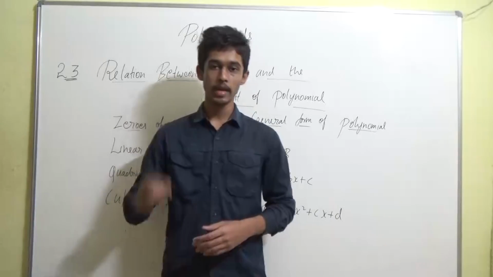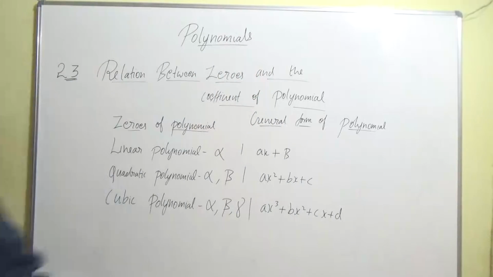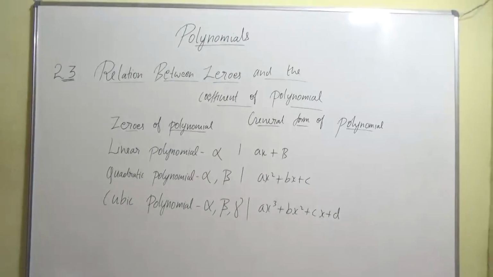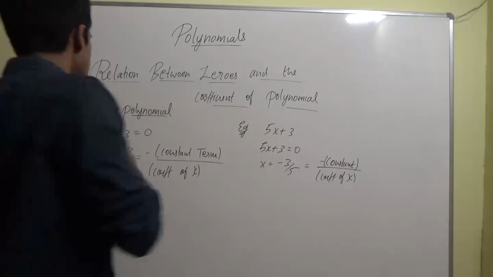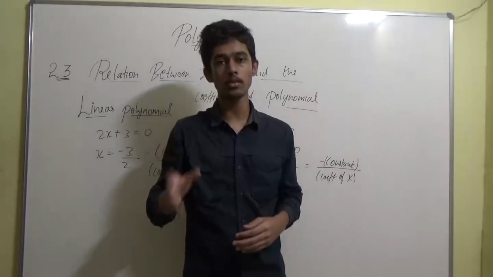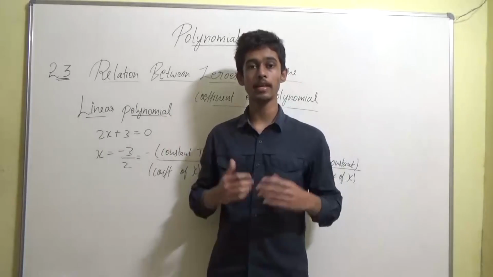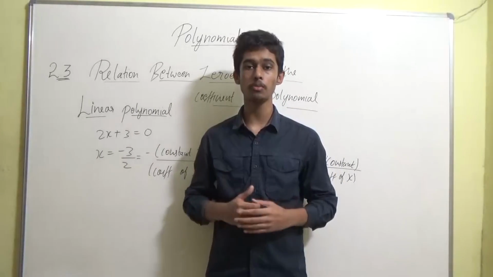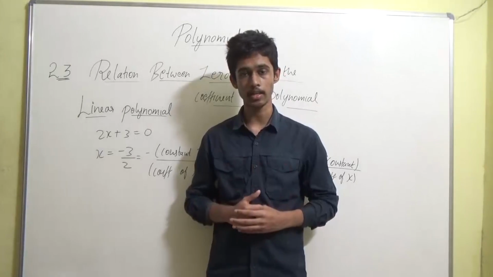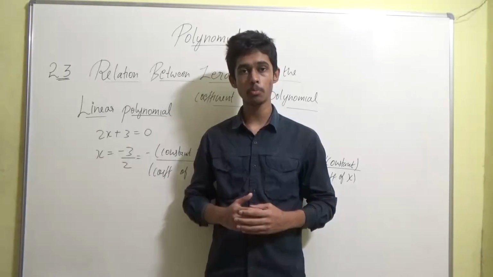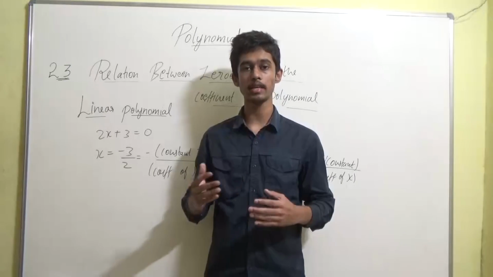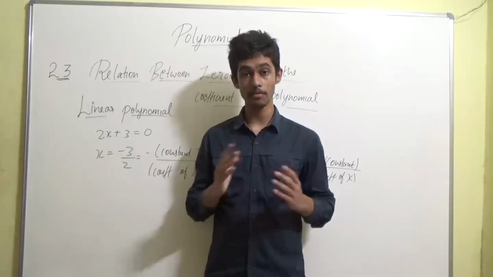So let's jump into an example, guys. Before going further into the chapter, I would like to tell you one thing. This topic, relationship between zeros and the coefficient of a polynomial, is very important, guys. Be it from your examination point of view, be it from your future classes point of view, it's going to be used everywhere.